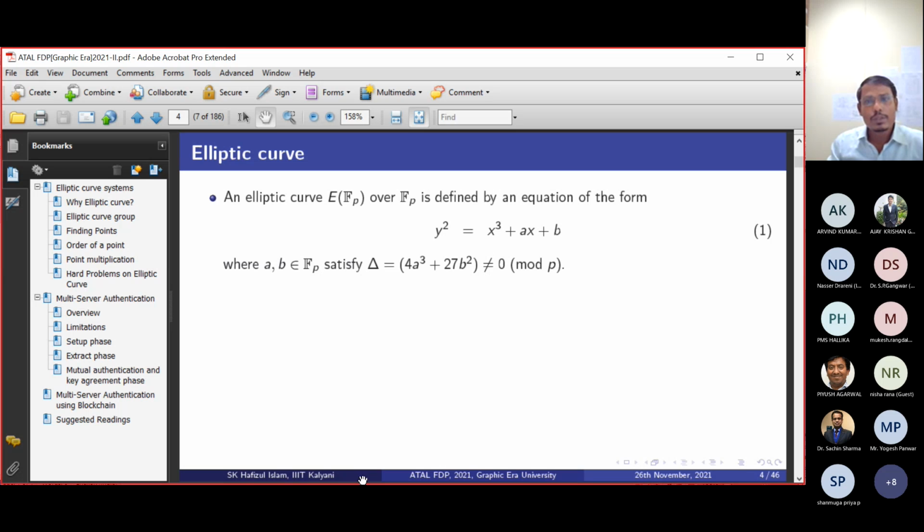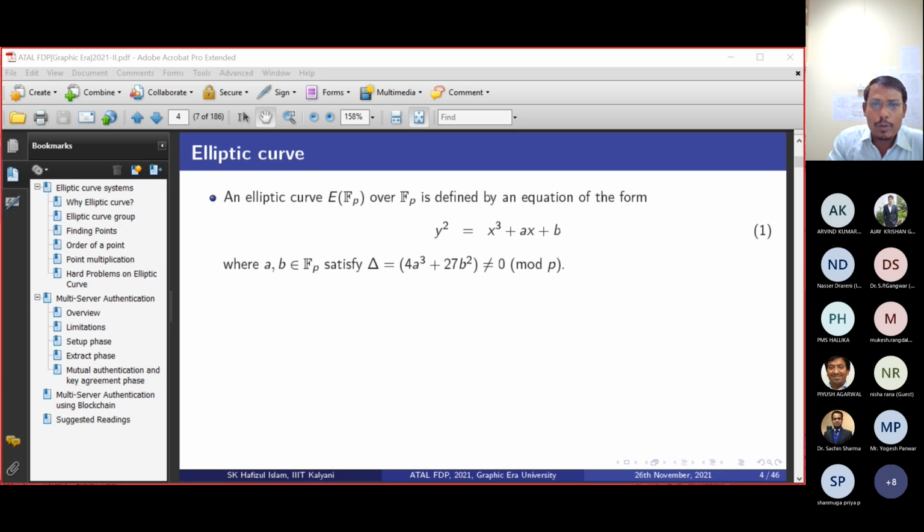Over this field, we will now define the elliptic curve. I am taking the simplest form that is widely used in crypto operations. The elliptic curve is y squared mod p congruent to x cubed plus ax plus b mod p. This is the equation of the elliptic curve.